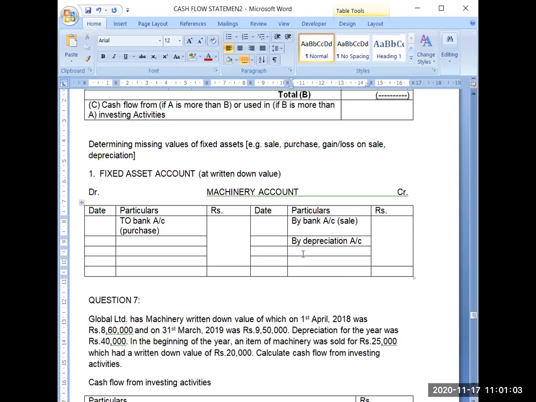Then, if you are having any loss on sale of machinery, it will be by profit and loss account, and it will be a loss.